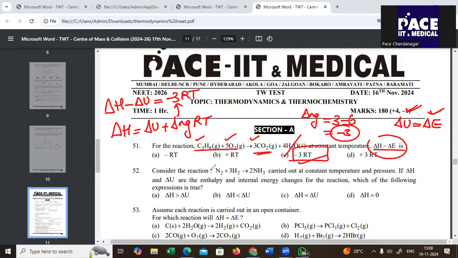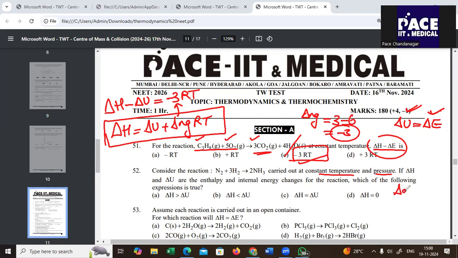Next, the second question: consider the reaction carried out at a constant temperature and pressure. If delta H and delta U are the enthalpy and internal energy changes for the reaction, which of the following expressions is true? Here also, since you are asked about delta H and delta U, go with the same format. Delta H is equal to delta U plus delta NGRT. All of them here are in gaseous state.